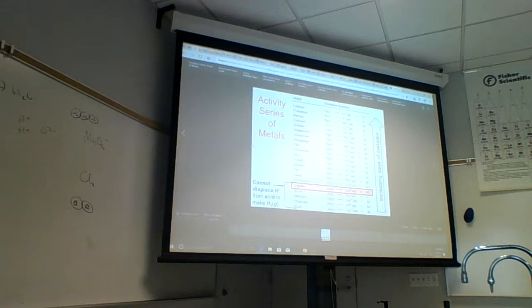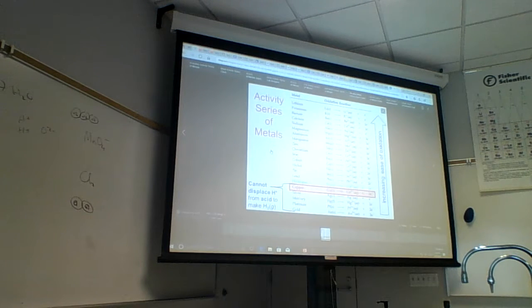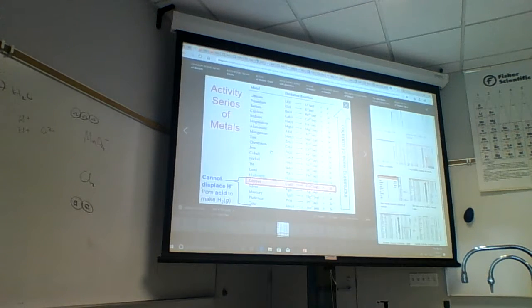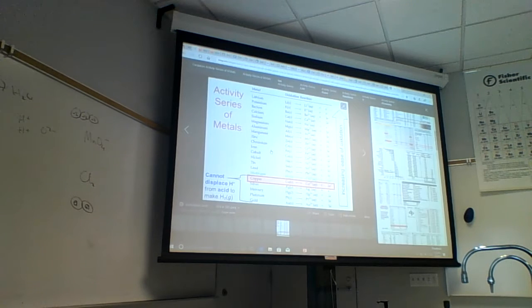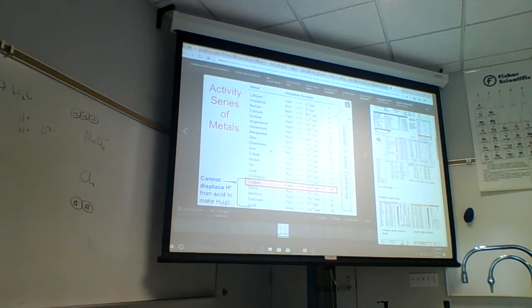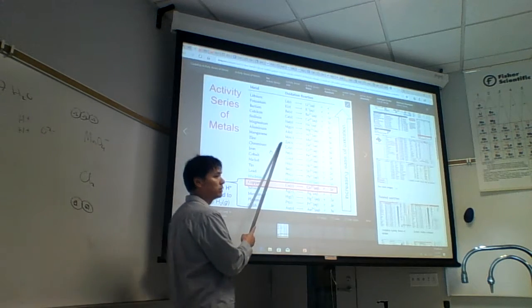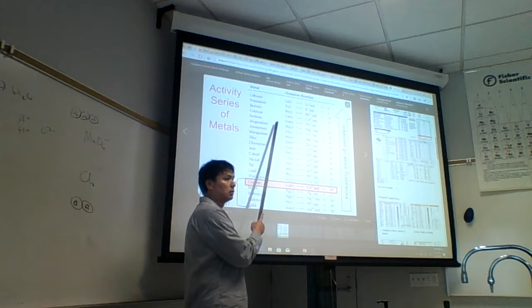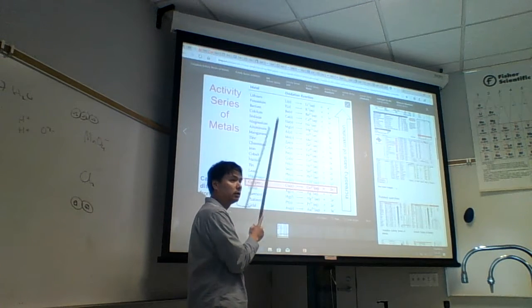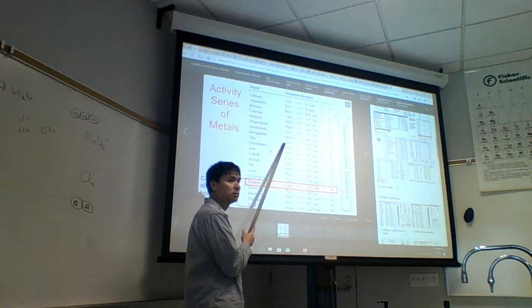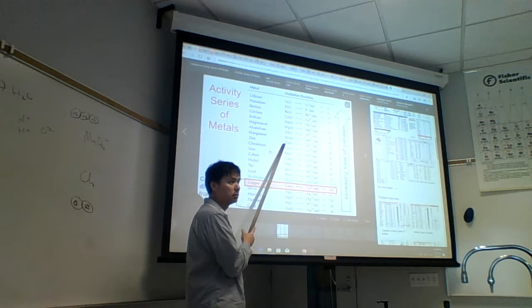Take a look at this chart here. Some people prefer this chart versus the other chart. But what do you notice that's different? On our chart, at the top left was F2, fluorine. On this chart, the top left is lithium.